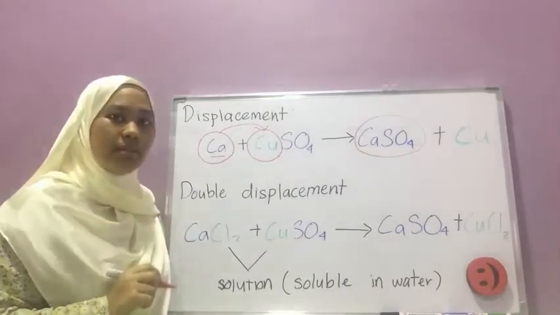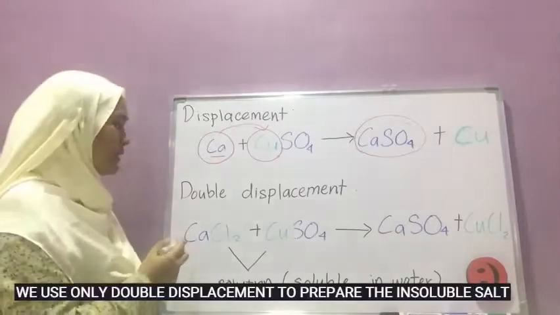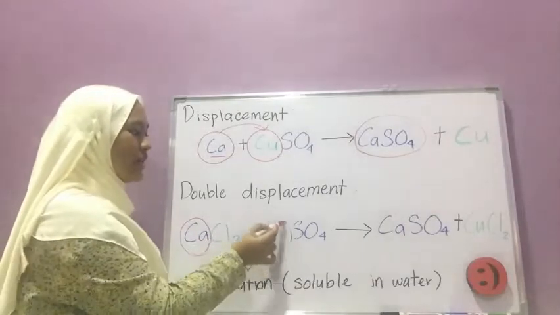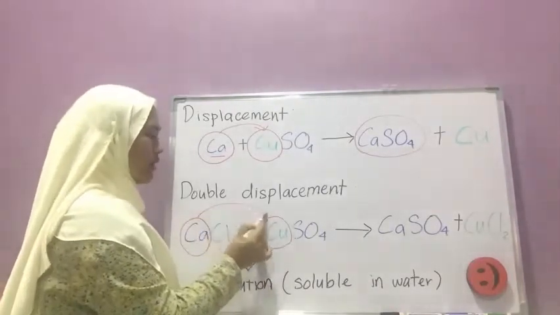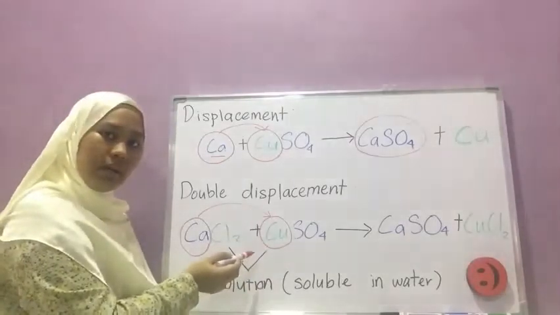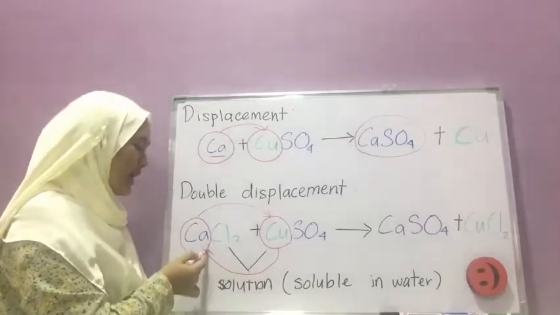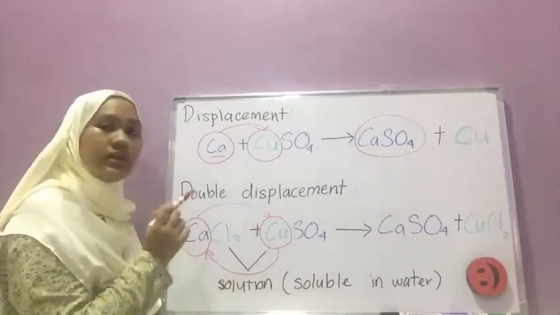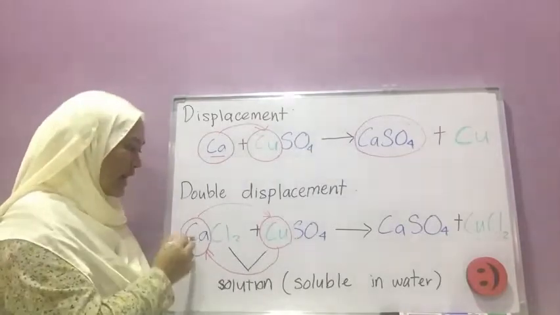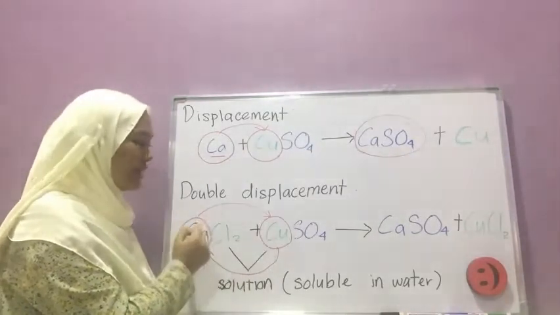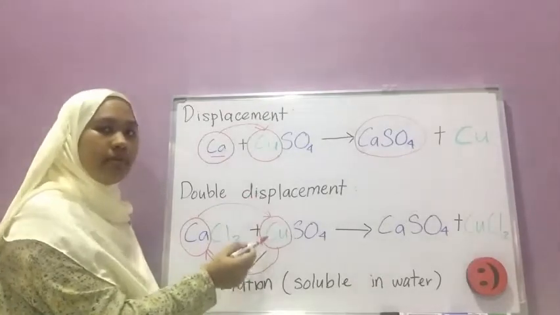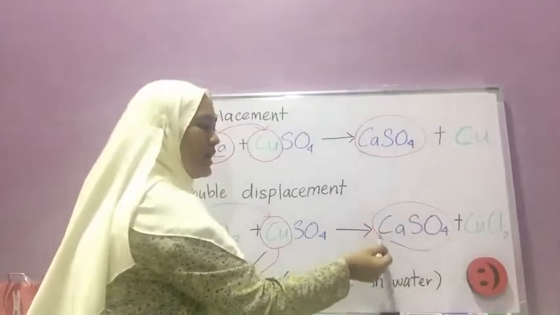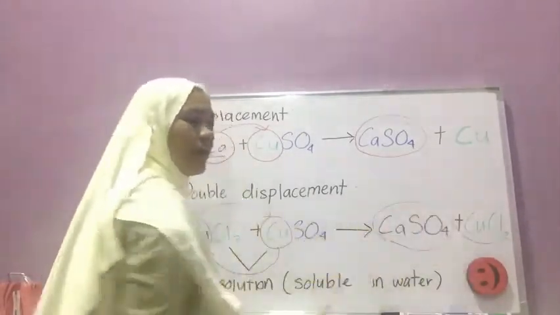How about the double displacement? So we look at the double displacement. The calcium replaces the copper, and the copper will replace the calcium. So this involves double displacement, which is calcium replaces the copper, copper replaces the calcium, and it will become calcium sulfate and copper chloride.